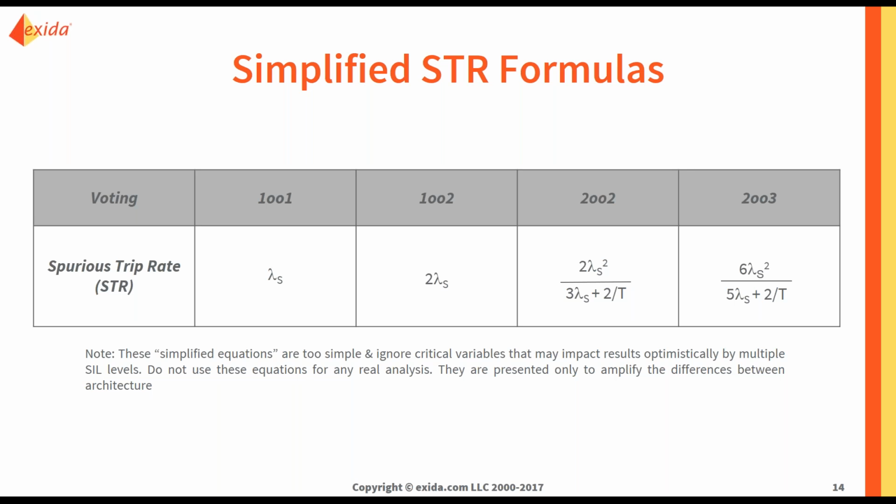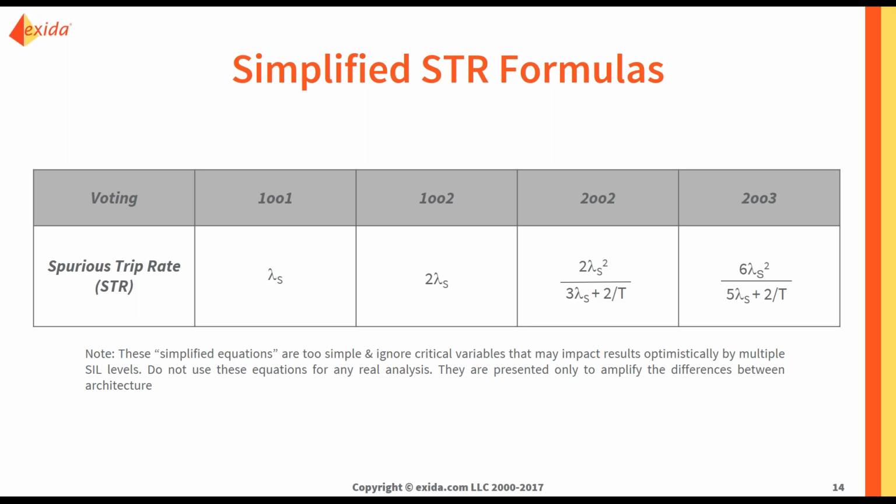The capital T is symbolizing the proof test interval of that configuration. So these are simplified equations, and they're pretty simple. They are derived from Markov models, but you would really use them to understand how redundancy is going to help minimize your spurious trip rate.